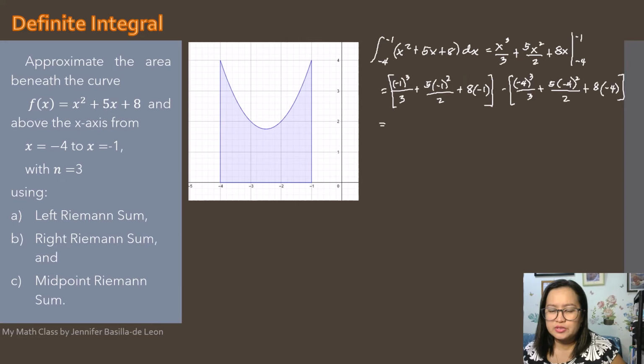Okay, so here we will have negative 1/3 plus 5 halves minus 8.